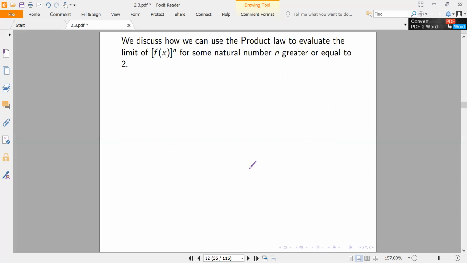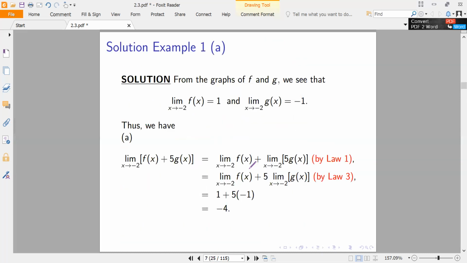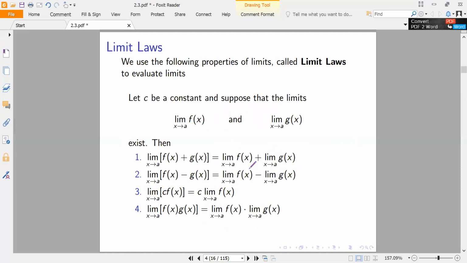Now if you look at the laws we had earlier, especially number 4, suppose g of x is the same thing as f of x. Here we have f of x, so it means we'll have f of x squared.